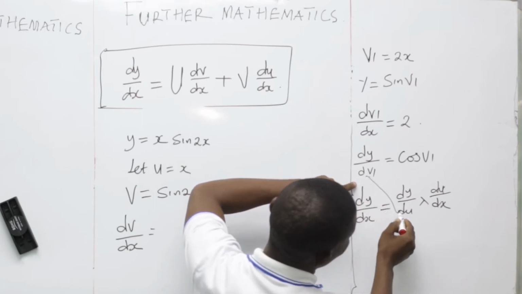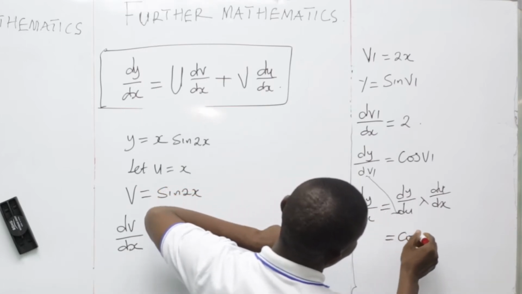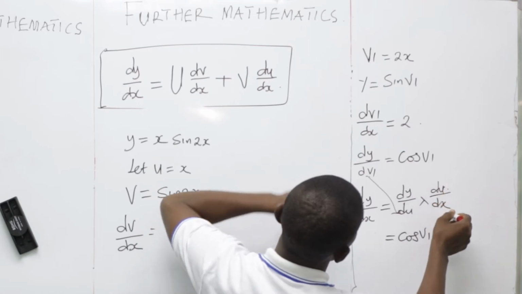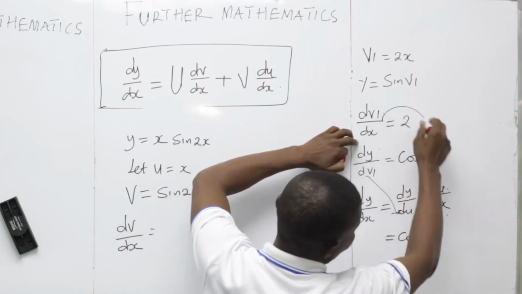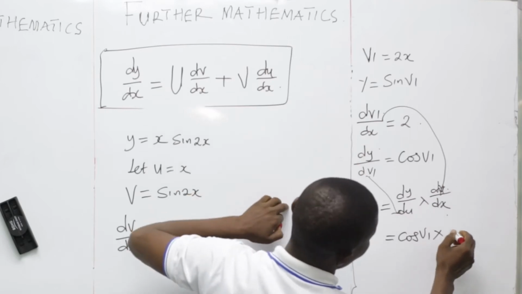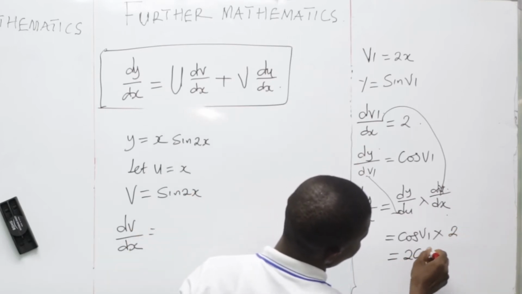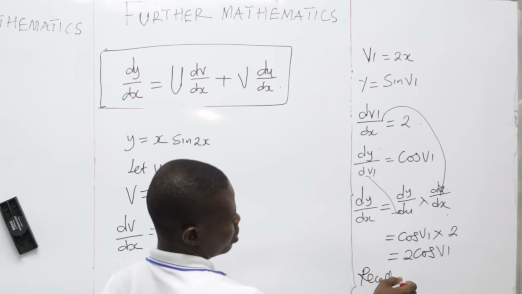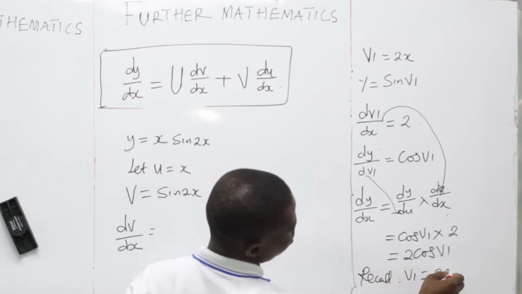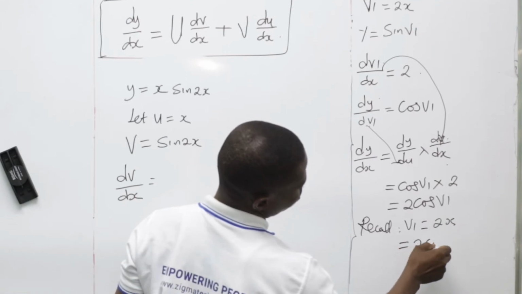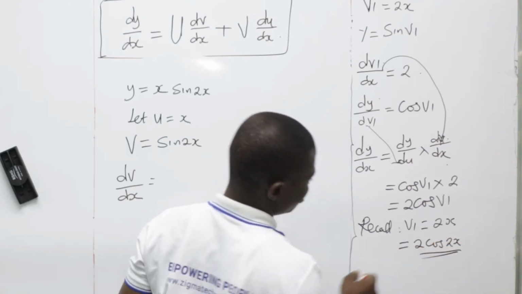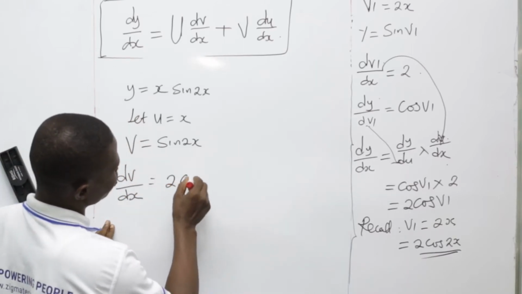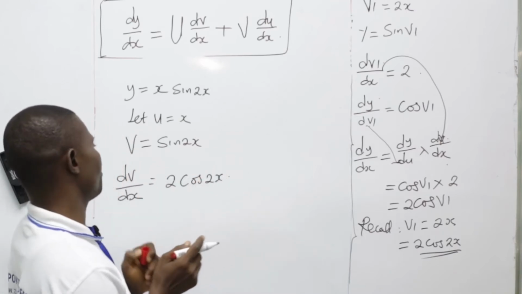See it as this, meaning cos v1 multiplied by dv1/dx, which is 2, to give us what? 2 cos v1. Recall that v1 equals 2x. This will give us what? 2 cos 2x. Now, dv/dx equals what? 2 cos 2x. Leave it here first.